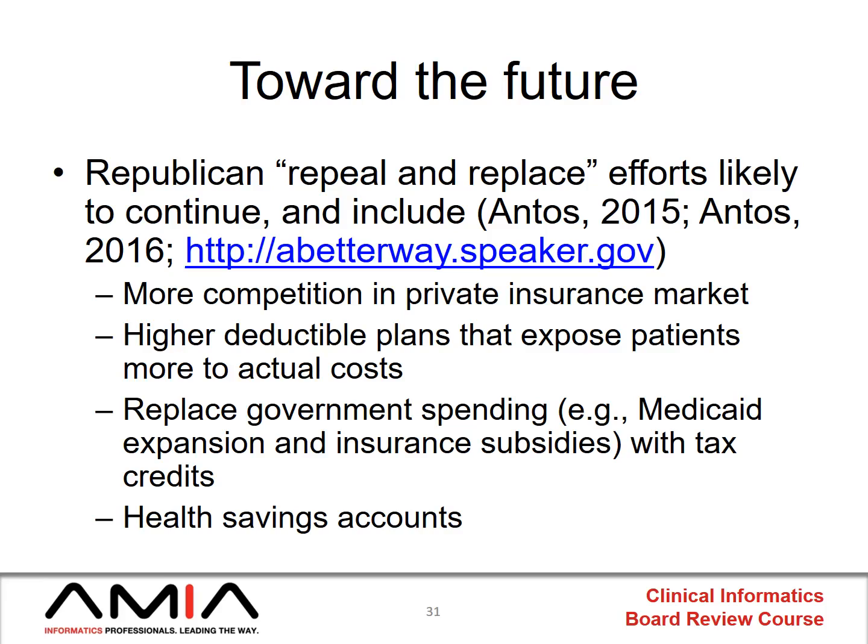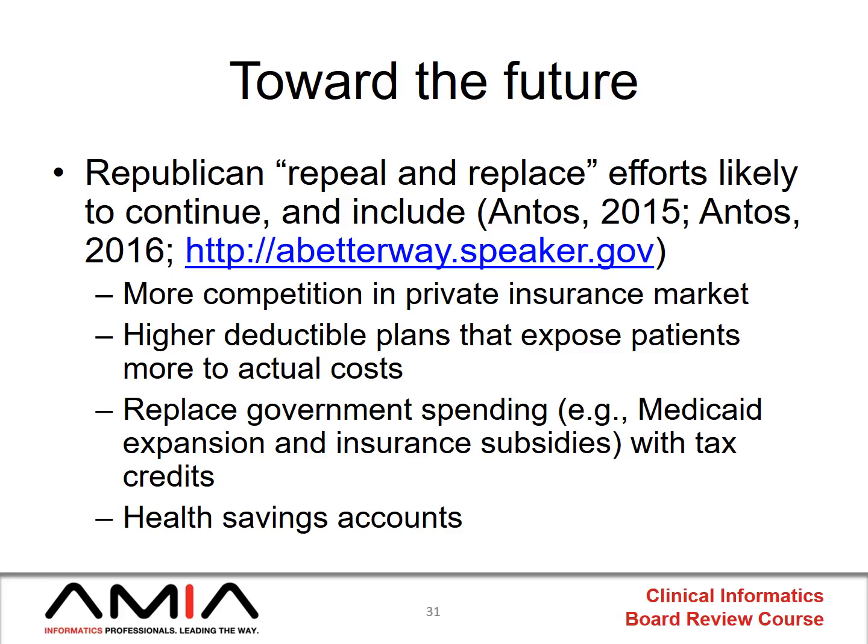This plan looks at a variety of ideas that generally have a politically conservative flavor to them. For example, trying to introduce more competition into the private insurance market, having higher deductible plans that expose patients more to actual costs so they may become better at being consumers of healthcare.